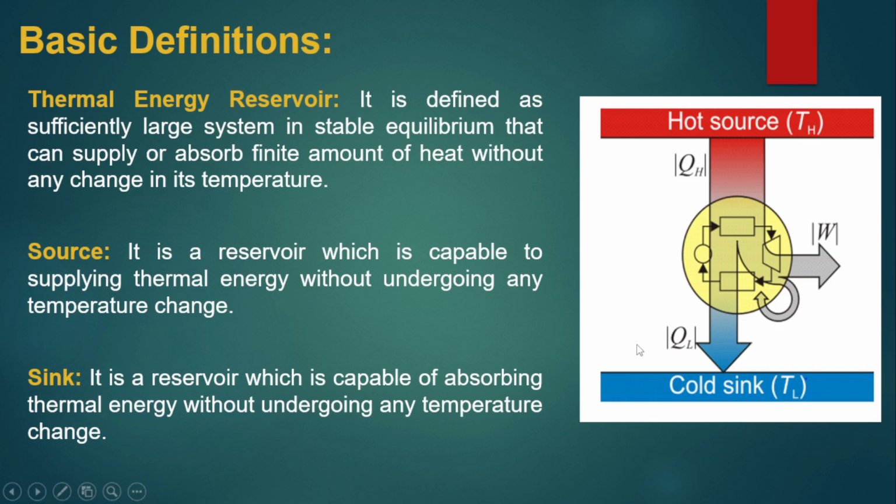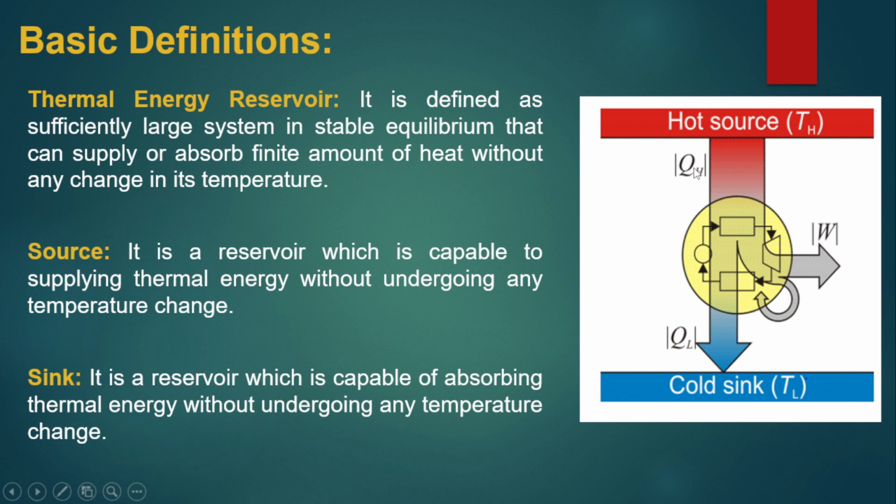Now in this image we can clearly see the hot source and the cold sink. The source always maintains the higher temperature, TH, and the sink maintains the lower temperature, TL. Now this is the process. The hot source supplies the heat energy QH without any change in temperature TH.